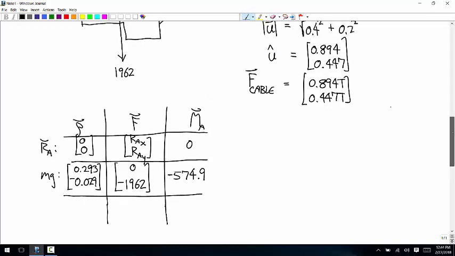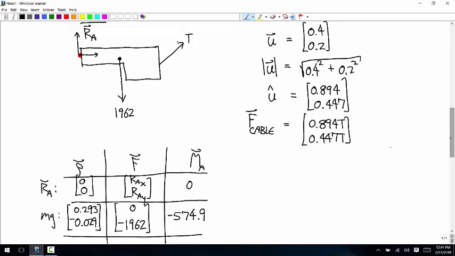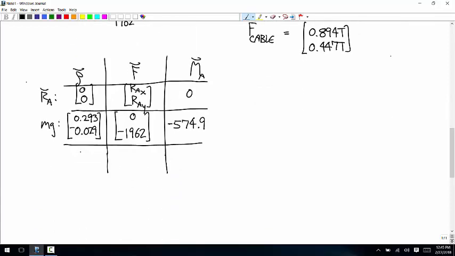And then the last one is that cable force. The coordinates where that cable force is applied right here is 0.5 meters in the positive x, and then 0.05 meters in the negative y. So that's the row vector, 0.5, negative 0.05.